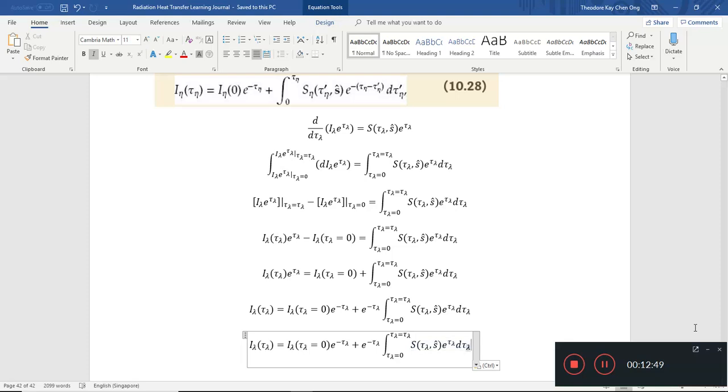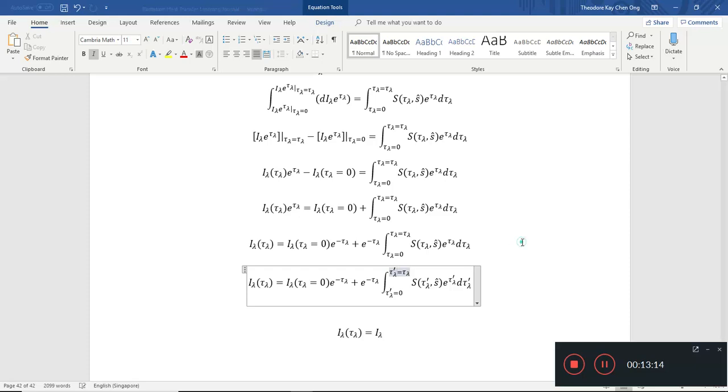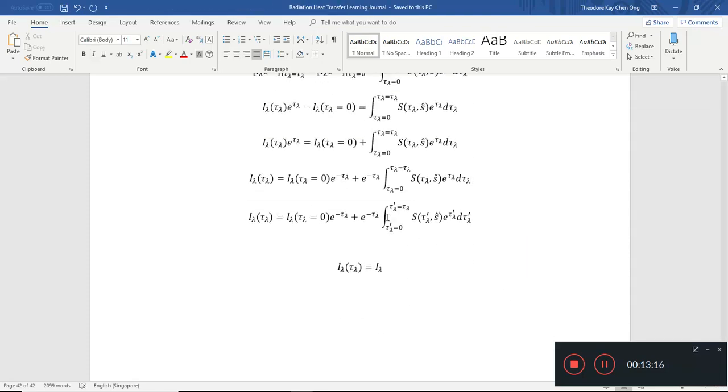The proper dummy variable is tau lambda prime, so we differentiate the one we are integrating, which we call tau lambda prime, from this actual limit, which is tau lambda. Okay, so now we have done that.